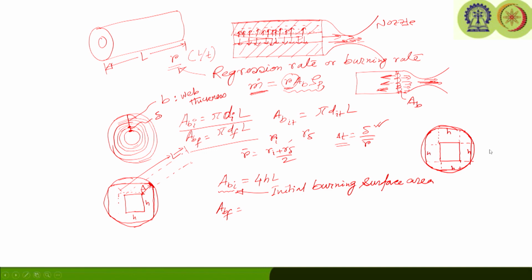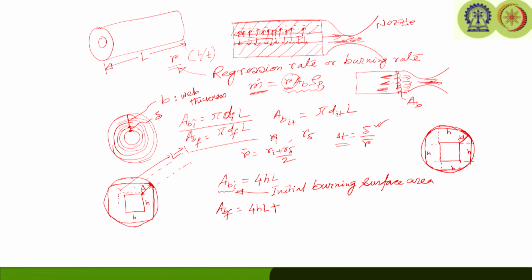So, the initial, as we had 4 H into L, that will be there, 4 H L, plus we have to consider this part, which we can get like, this is delta, we have defined there. So, this is the radius.